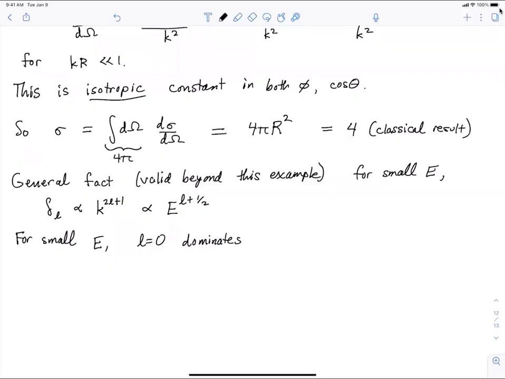But as long as you don't have non-generic features like that, you expect scattering to be mostly S wave. And then as you raise the energy, the P wave will start to be important. And then you raise the energy more, and the D wave will be important, et cetera.